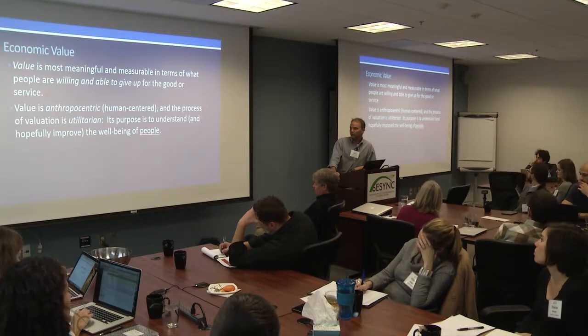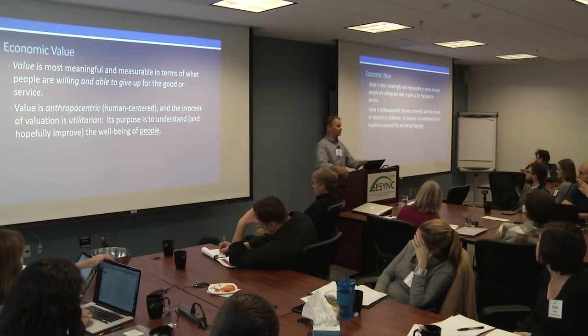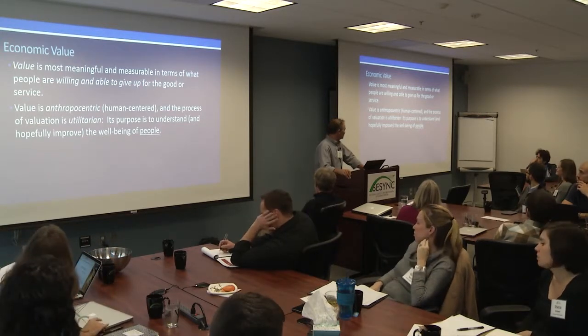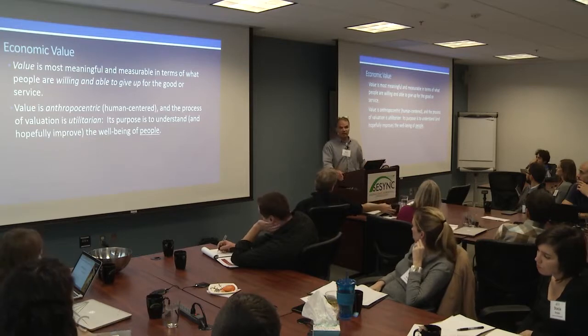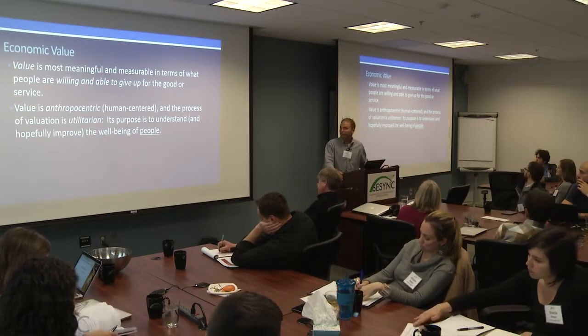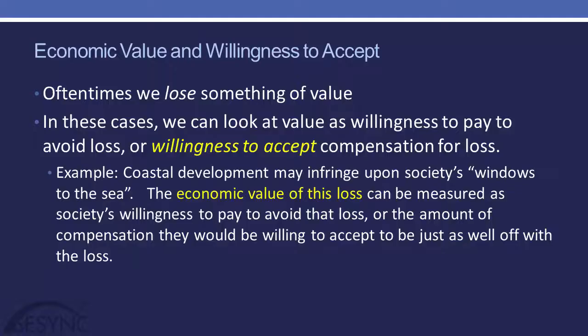I don't know that we can measure value to plants and animals. We can measure that people care about plants and animals, but it's very difficult to understand what plants and animals themselves value. The downside, of course, is that our knowledge of the usefulness of natural systems is limited at best.